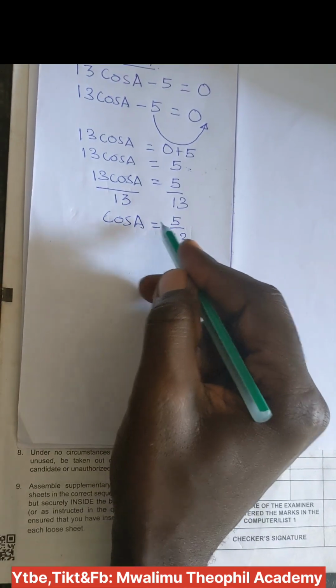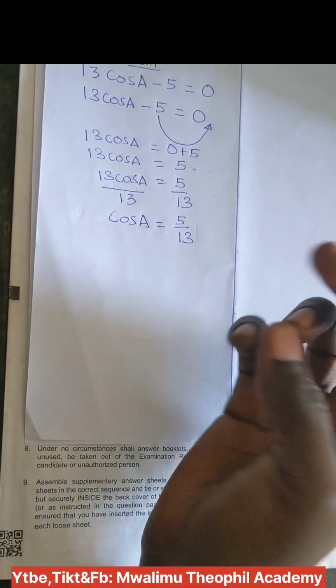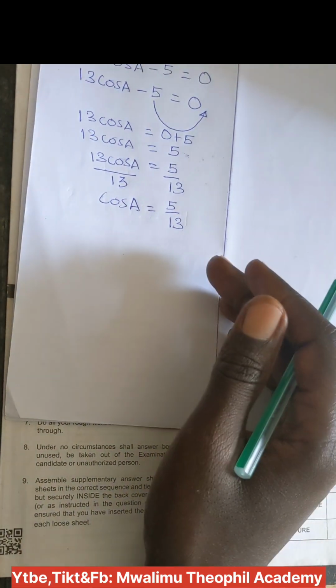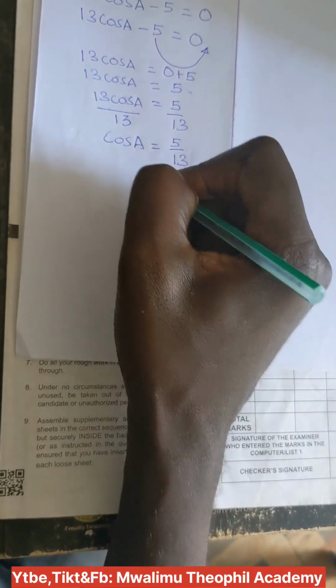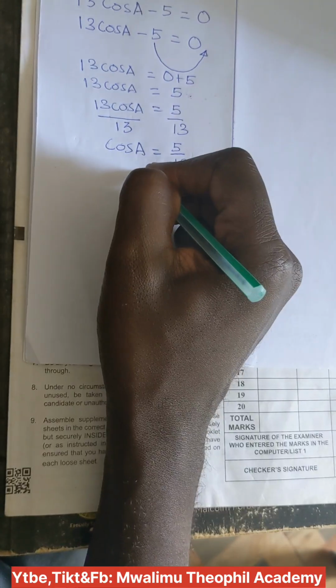But you have to remember, in this case you may use a right-angled triangle to find cos A, sin A, and tan A, meaning all trigonometric ratios. So let's consider a right-angled triangle.